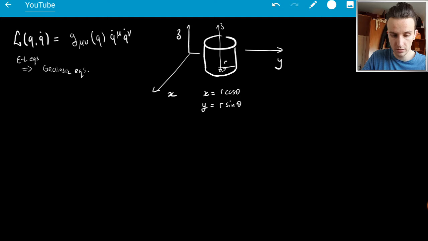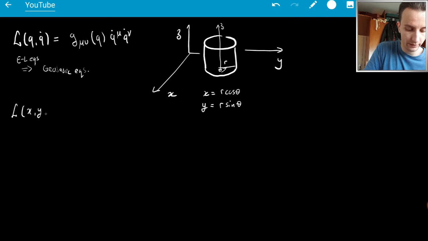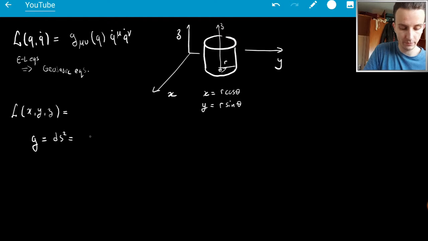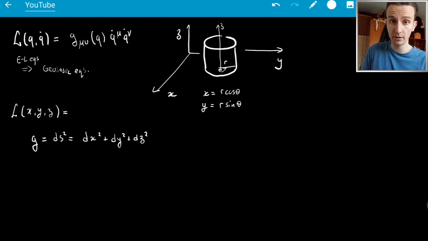And so, if we had L, x, y, z, the regular metric would be g is ds squared, it's dx squared plus dy squared plus dz squared. Here, z is z.